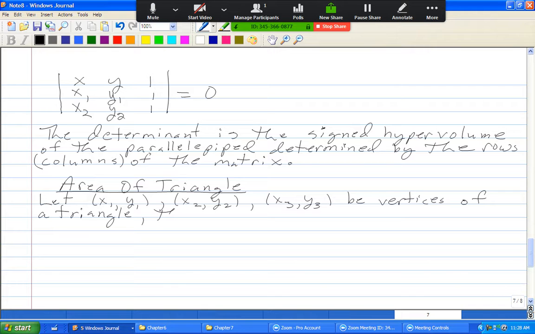Then the area of the triangle will just be 1/2 times the absolute value of the determinant of the following: x1, y1, 1, x2, y2, 1, x3, y3, 1.